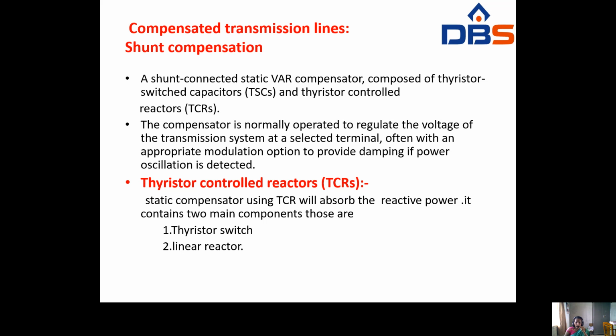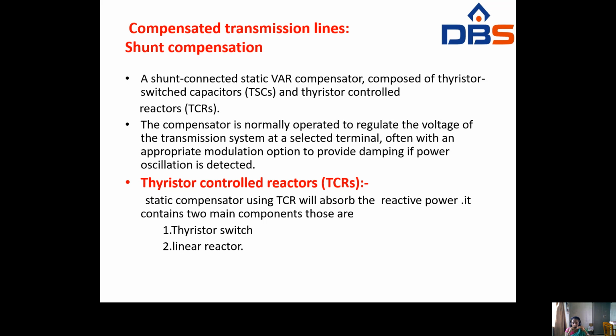Next, compensated transmission lines. In compensated transmission lines, we have shunt compensation. The shunt connected static var compensation is composed of a thyristor switched capacitor and a thyristor controlled reactor. Here the shunt compensators are TSC and TCR.